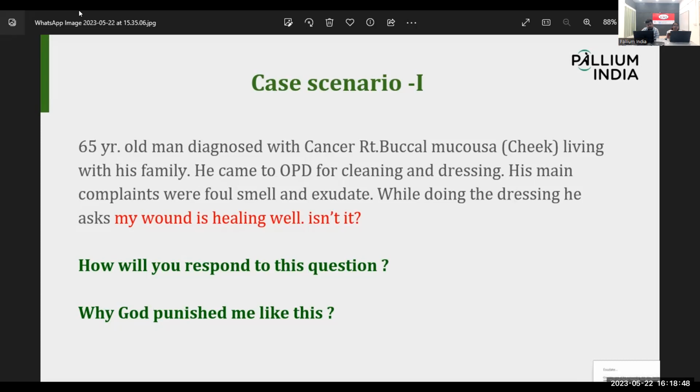If you teach well, definitely they will cover the wound properly. If they are not able to cover the wound properly, they will report to you. These are the important points you have to keep in mind. I think I have mentioned all the important points.